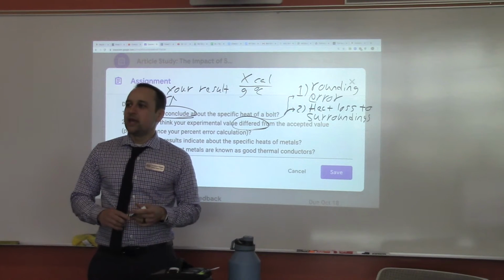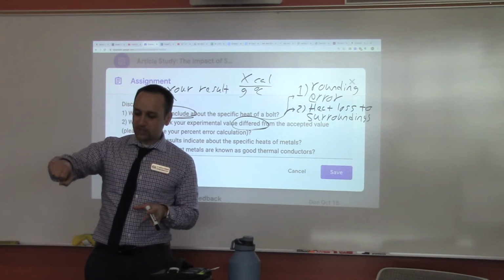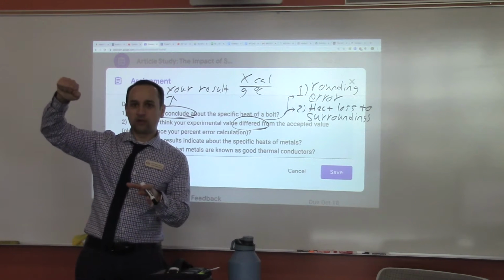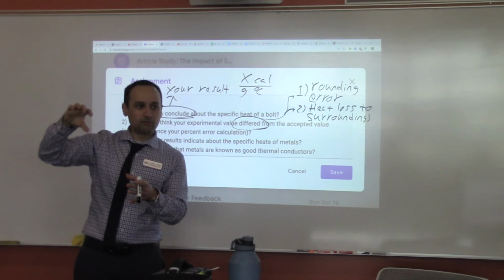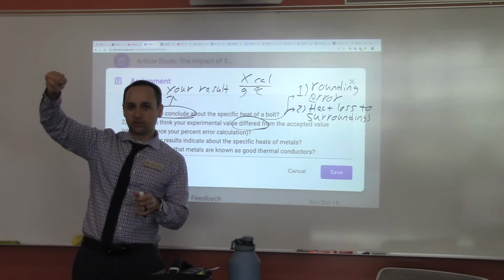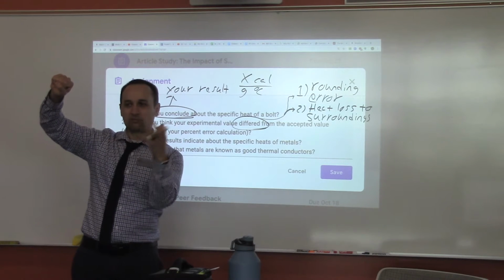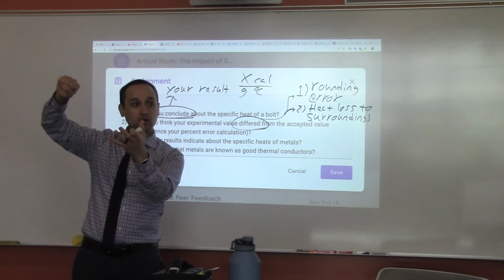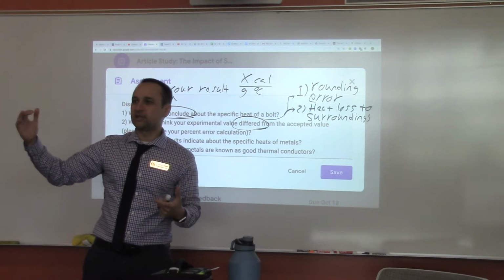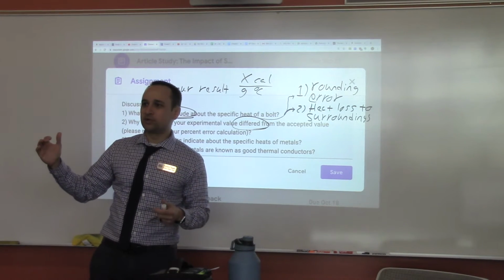The answer is that when I took the bolt out of the boiling water, did I immediately dump it right into your beaker? No. What was happening to it? It was held in some tongs, and what was surrounding the bolt? Air. Is that air at boiling water temperature? No, it is certainly not at roughly 220 degrees Fahrenheit.